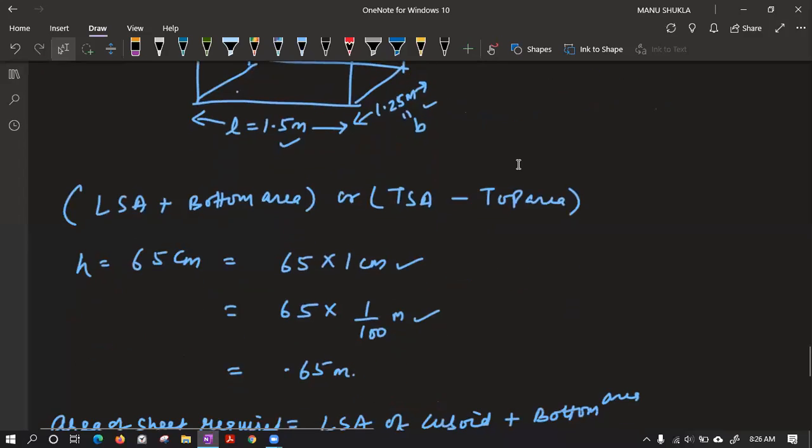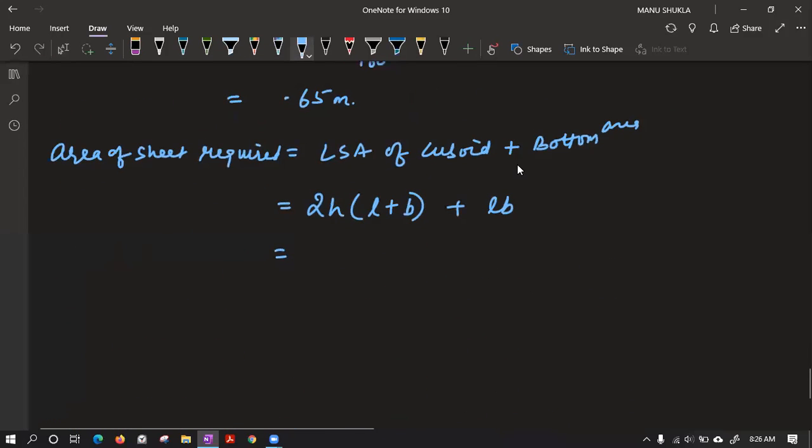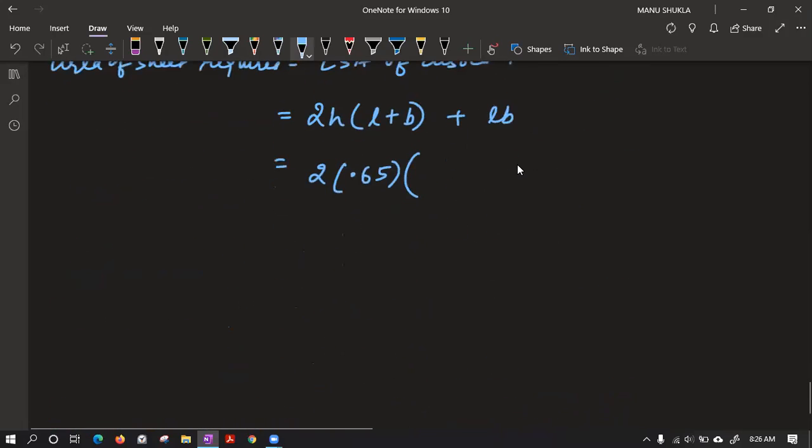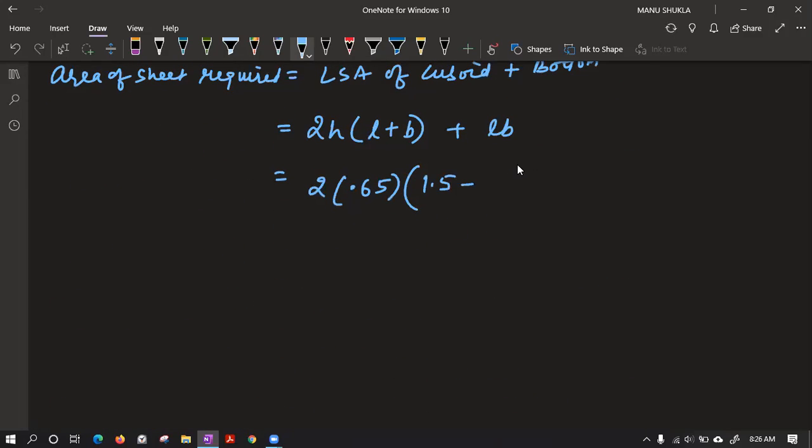In this, h is 0.65. So 2 into 0.65, l is 1.5 and b is 1.25. Okay, 1.5 plus 1.25, plus lb, that is 1.5 into 1.25. As we cannot take anything common right now, it would be better if you solve like this only. Sir, if you write 65 by 100, cancellation will be possible. Okay, that is also good.